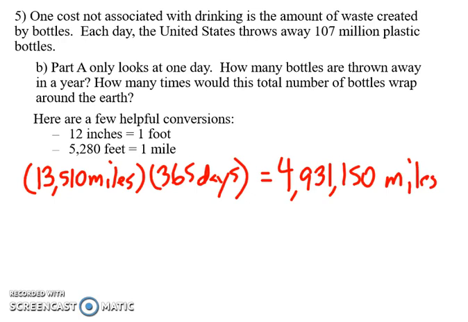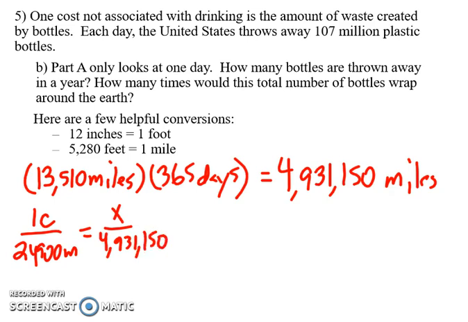So if we want to know what that means in circumferences, as we did before, we said that one circumference is equal to 24,900 miles. And we want to find out how many that relates to for the 4,931,150 miles that we have.